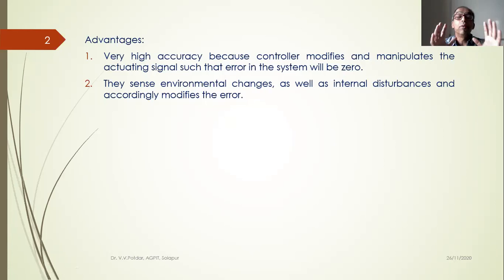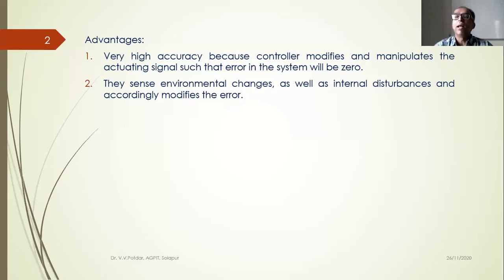Okay, but in closed loop system, whether it is process oriented disturbance, whether in the furnace the door is opened and the temperature is dropping, because of that, it will automatically adjust the controller output so that the system parameter is maintained.